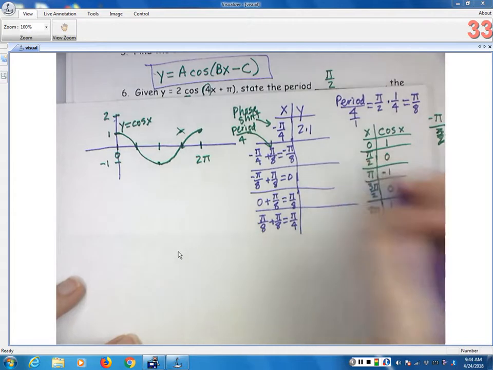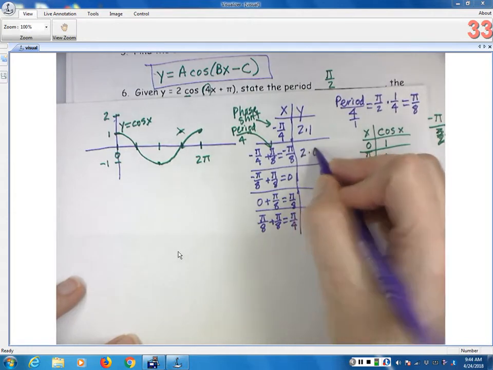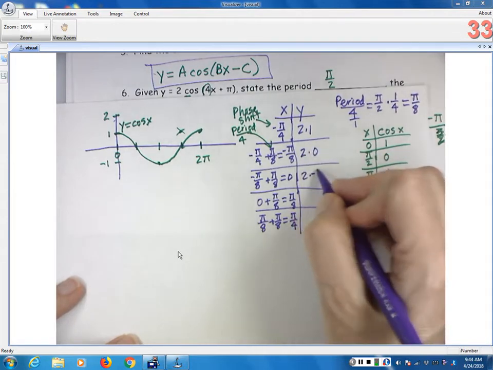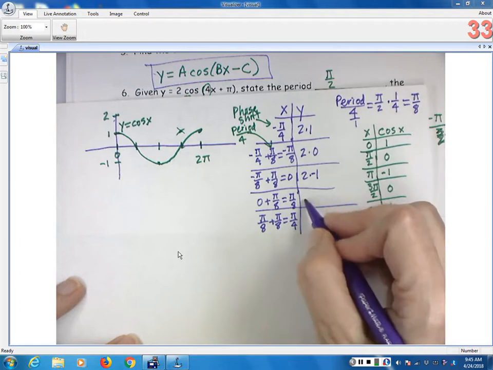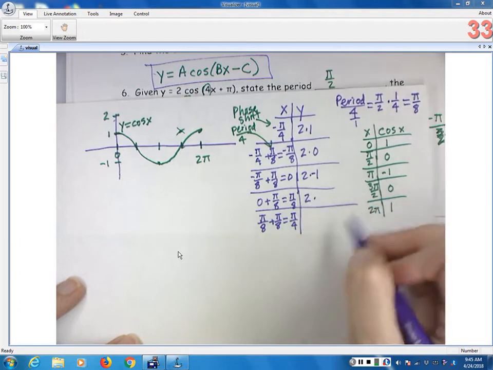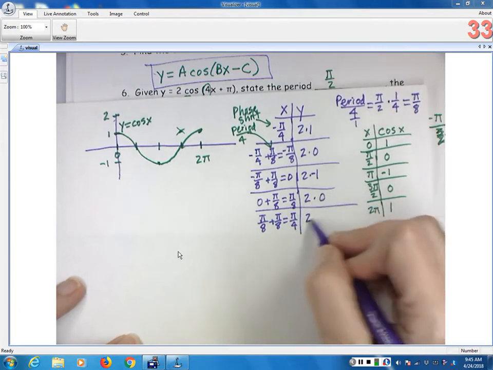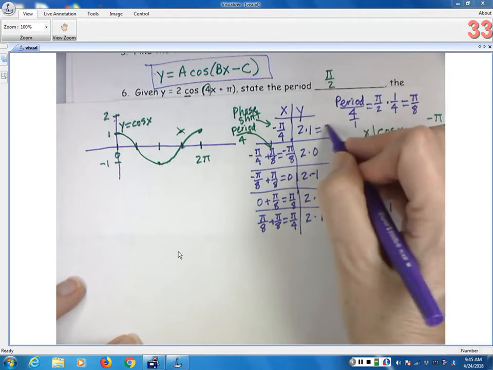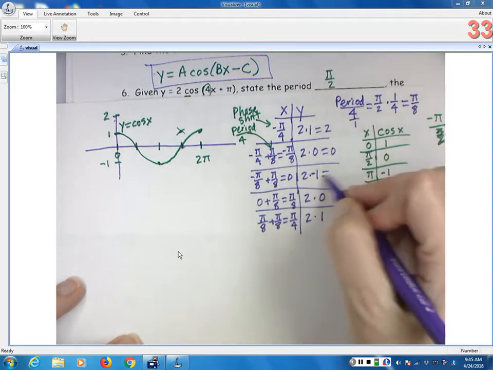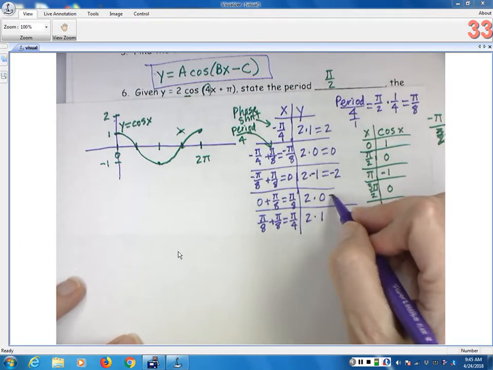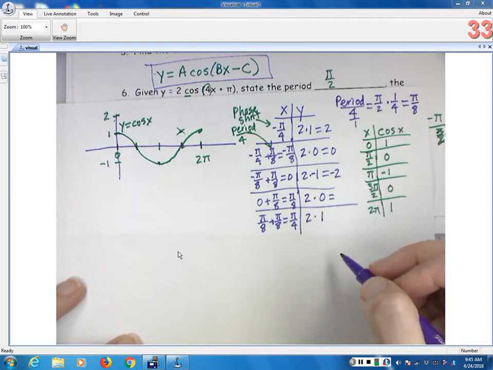This is 2 times 0. This is 2 times negative 1. This is 2 times 0 and 2 times 1. So 2, 0, negative 2, 0, 2. This is one wave, or one period.